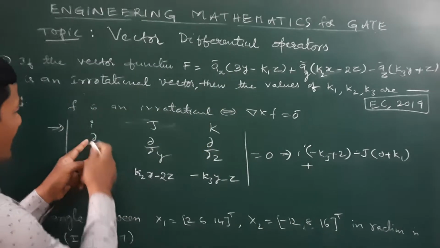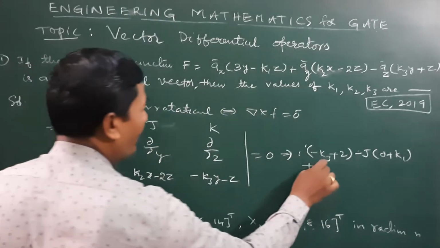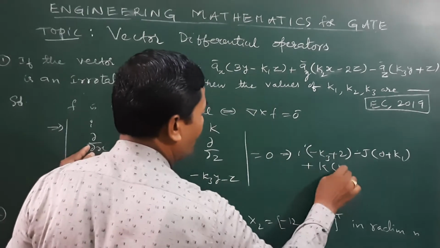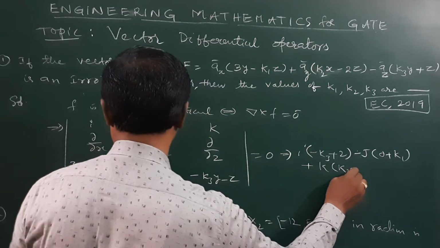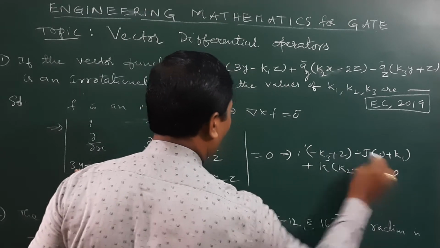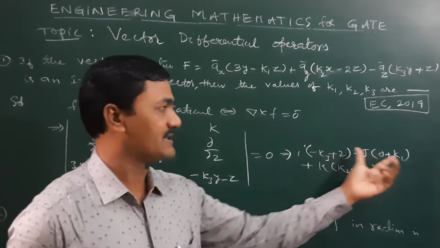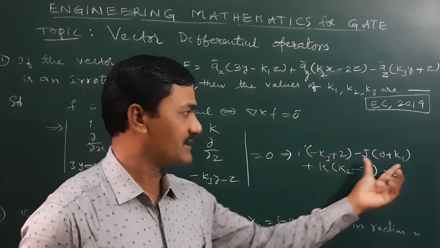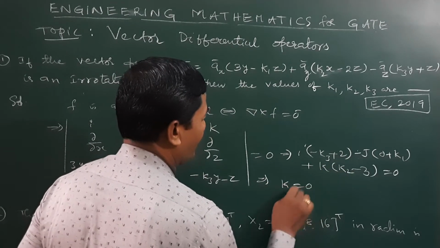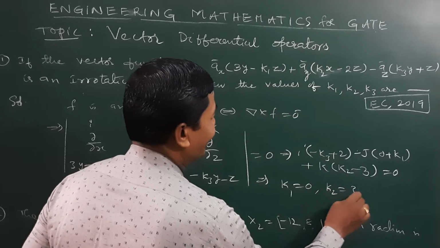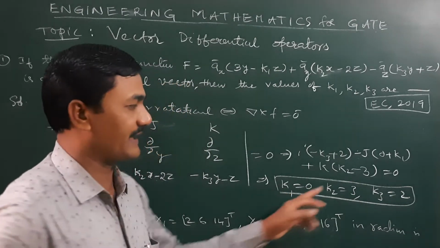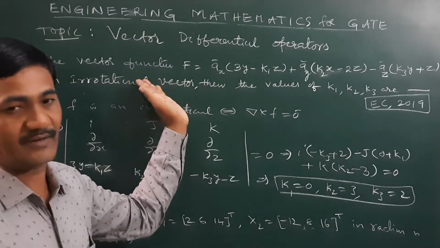Plus k times del by del x of k2 x minus 2z, which is k2, minus del by del y of 3y, so minus 3, is equal to 0. Equating the coefficients of i bar, j bar and k bar to zero, k1 becomes 0, k2 is 3 and k3 is 2. So 0, 3, 2 are the values that solve this problem.